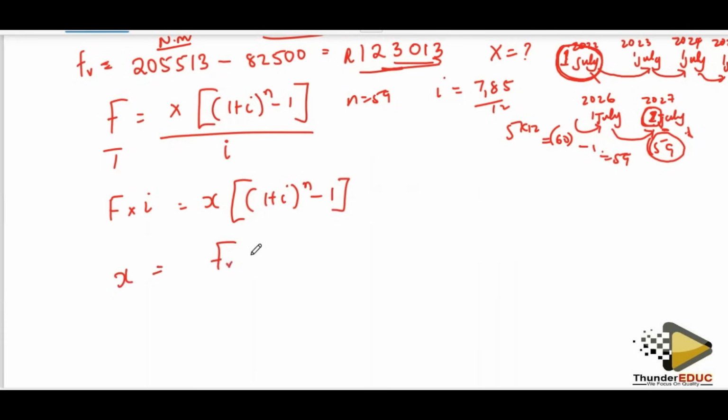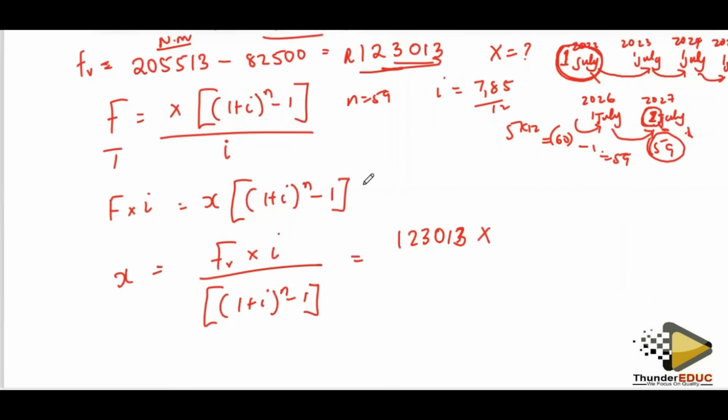So X equals the future value times the interest rate over 1 plus i to the exponent of n minus 1. Then I'll do my substitution. That's 123,013 times my interest rate, say it's 7.89%, that's going to be 0.0789.